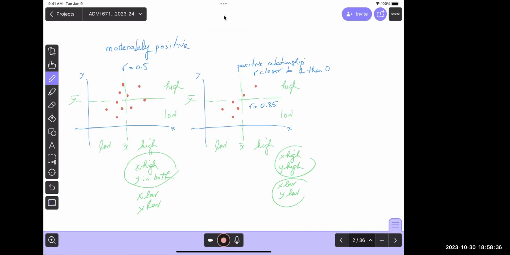The calculation of the correlation coefficient actually uses this approach because it takes the deviations from the mean. So they're subtracting the mean and multiplying it by what happens with y. When x is high, y is high. When x is low, y is low. That's different than here where it's more ambiguous.